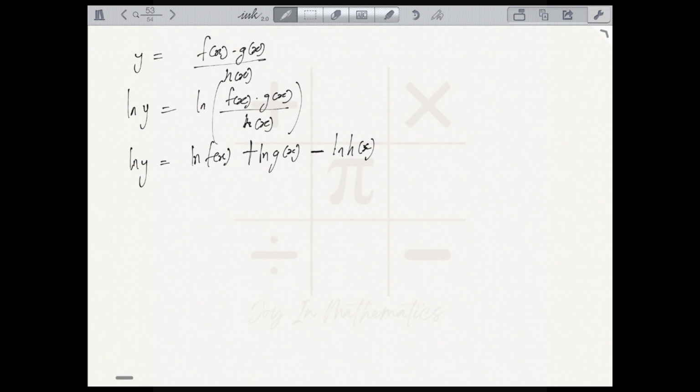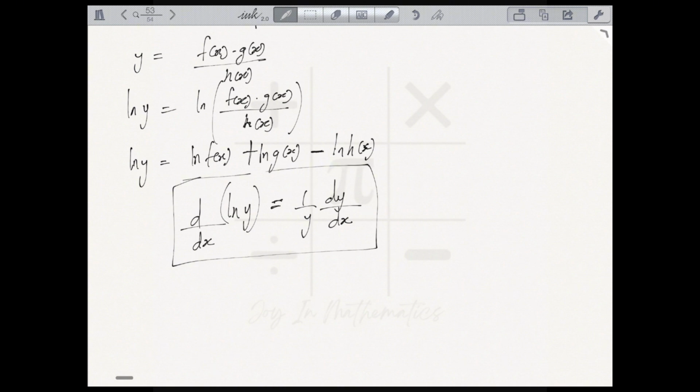Now, there is a principle to solve further into logarithm differentiation. It states that d/dx of ln y is equal to 1 over y dy/dx. This is very vital.